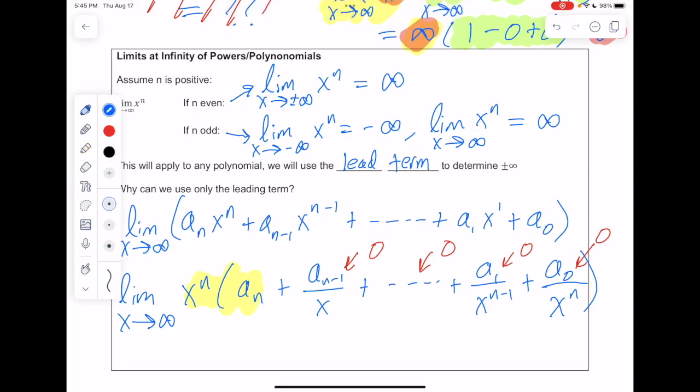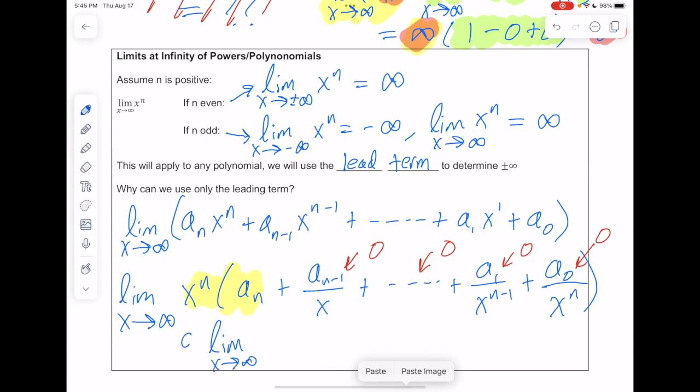So when you multiply it out, you end up just getting the limit as x goes to infinity. You could factor the constant out front of x to the n. That would be a sub n times the limit, which would be infinity, and you would just end up with infinity. So you can kind of judge it all just by the lead term.